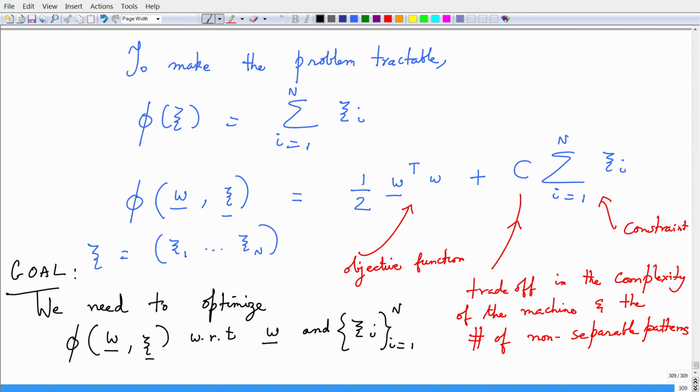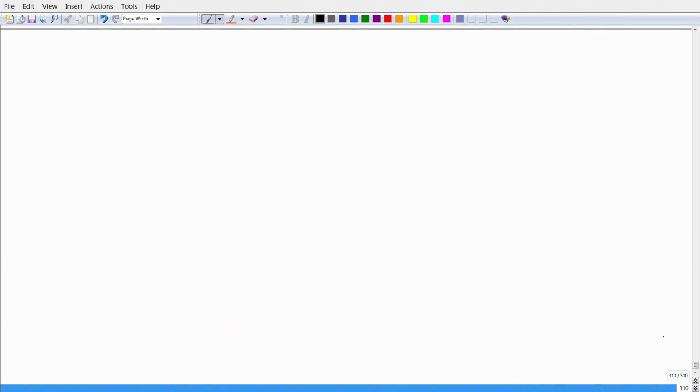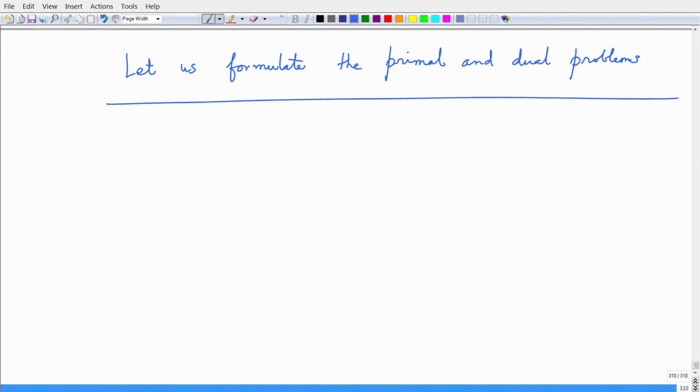That's the objective. So with this, let us formulate the primal and dual problem. So first would be the primal problem.